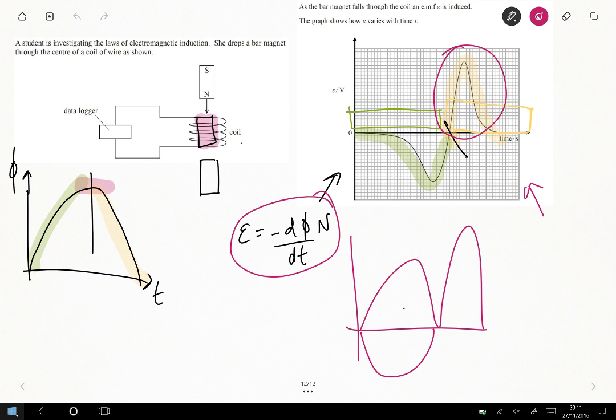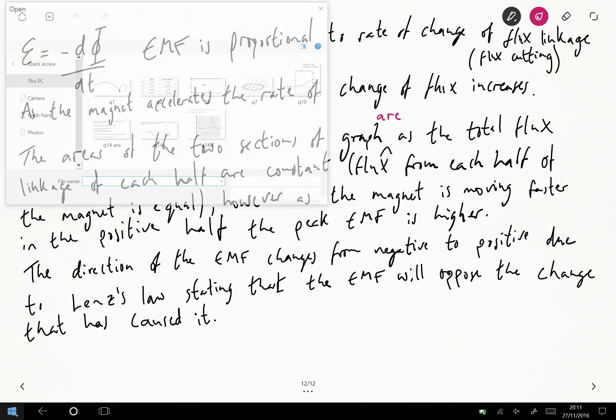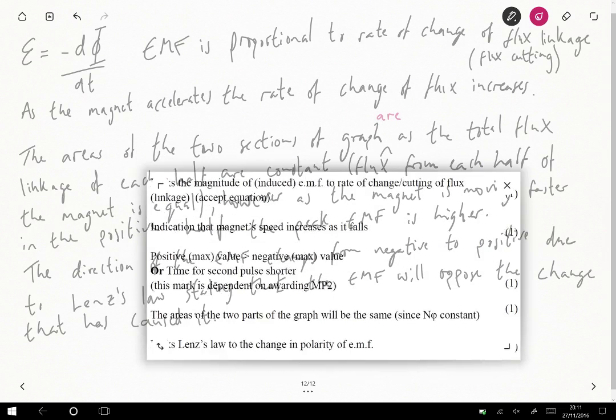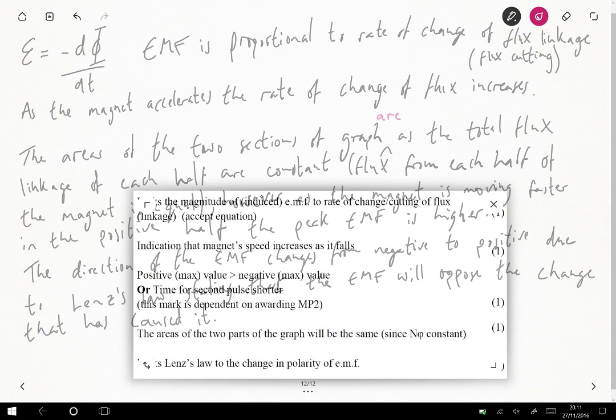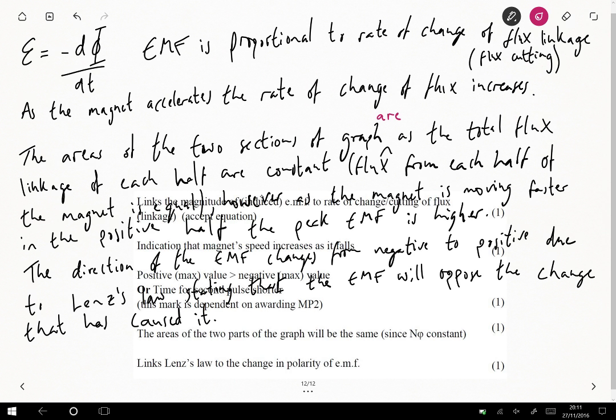Now then, I've checked my model answer. It agrees with the mark scheme. If I put the mark scheme in, now it's nice and handy at the back here, I've got this first bit, link the magnitude with the induced EMF, and they accept the equation.